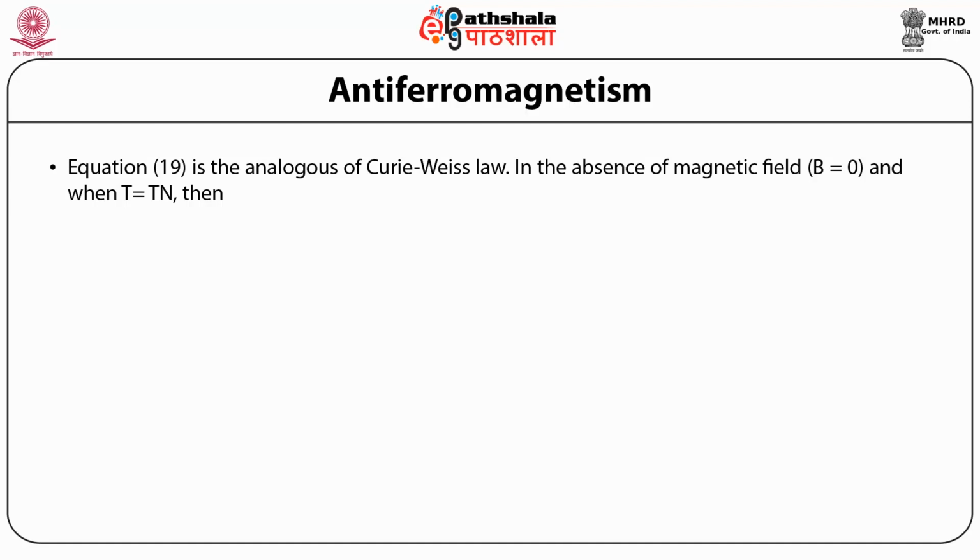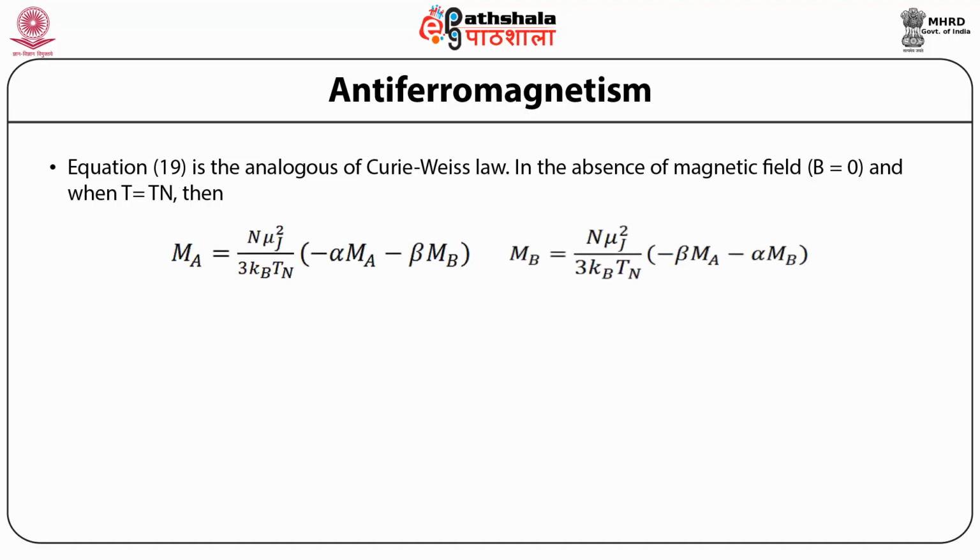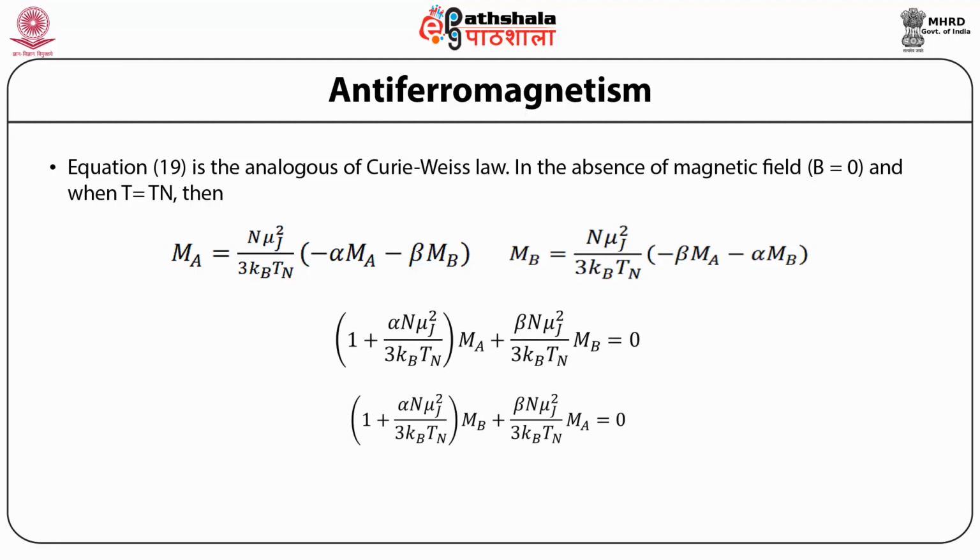basically T_N is the Néel temperature, then this M_A comes out to be N μ J squared over 3 k_B T_N, which is equal to minus alpha M_A minus beta M_B, and M_B is equal to N μ J squared over 3 k_B T_N into minus beta M_A minus alpha M_B. So 1 plus alpha N μ J squared over 3 k_B T_N into M_A plus beta N μ J squared over 3 k_B T_N M_B is equal to 0.